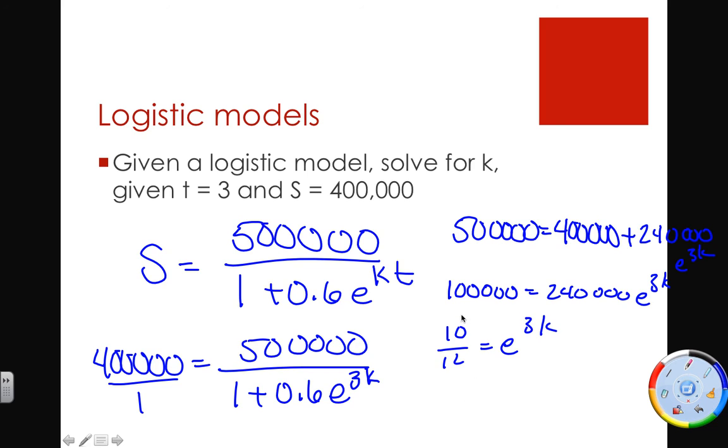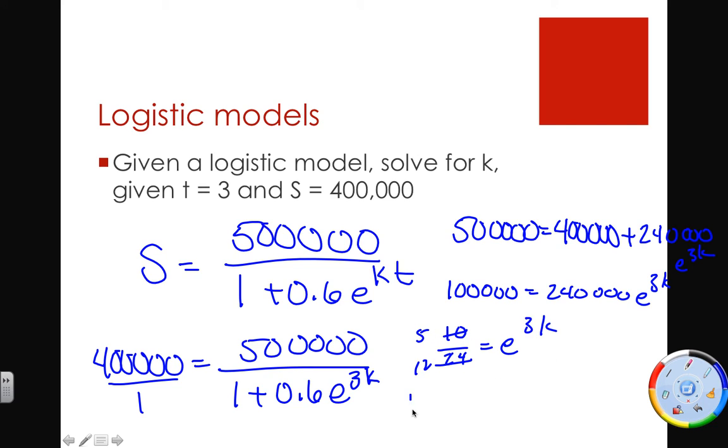I kind of like this fraction 5/6, by the way. Oops, sorry, that was 10 over 24. That's my fault. Gosh darn it. Pay attention, Mr. Nelson. 10 over 24, which is actually 5 over 12.